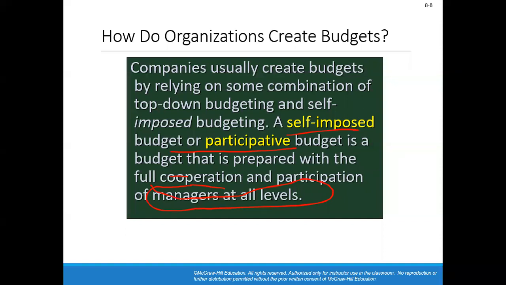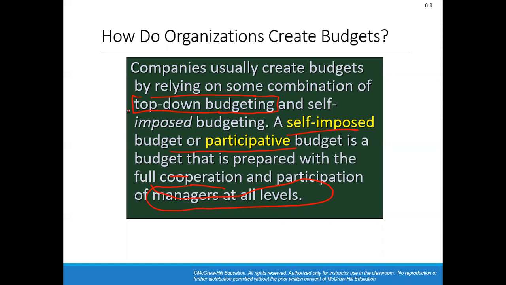But other than this, we have another approach, which is top-down budgeting. From the name, it implies that you will not look for participation of managers at all levels. Rather, the top managers or top executives will tell you how much expense you can make, what your sales target should be in this quarter or this month, and how much inventory you can have.